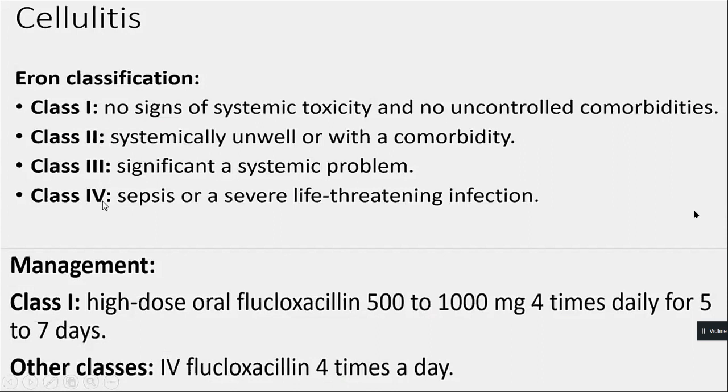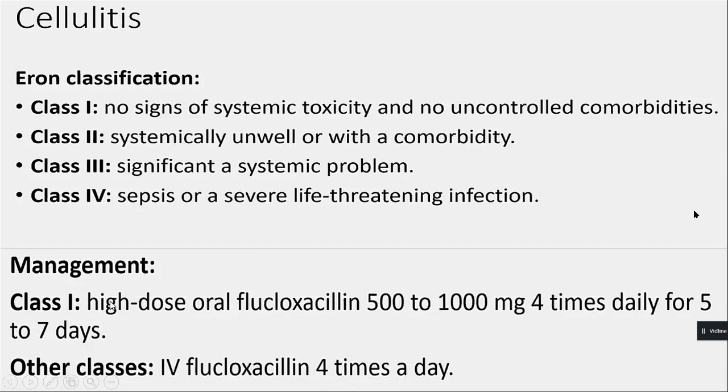So you have 4 classes in cellulitis. Class 1, 2, 3, 4. You have to be familiar with them because they will not ask you regarding memorization. But for example, if you find a scenario with a systemic problem, for example the patient has shock, you can choose class 3. So according to the classification, you can manage the patient.